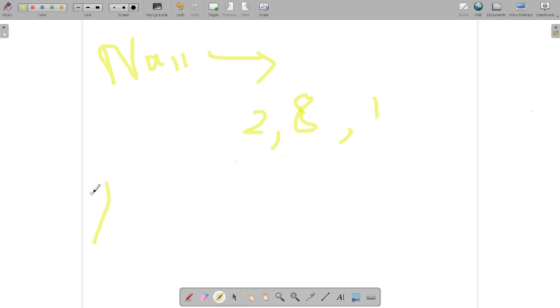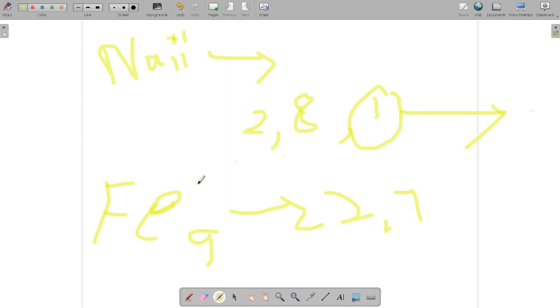Now fluorine, if we write it, F has atomic number 9, so the configuration is 2, 7. Now check: sodium will donate 1 electron, so it will carry a plus 1 charge, and fluorine will gain 1 electron, so it will carry a minus 1 charge.